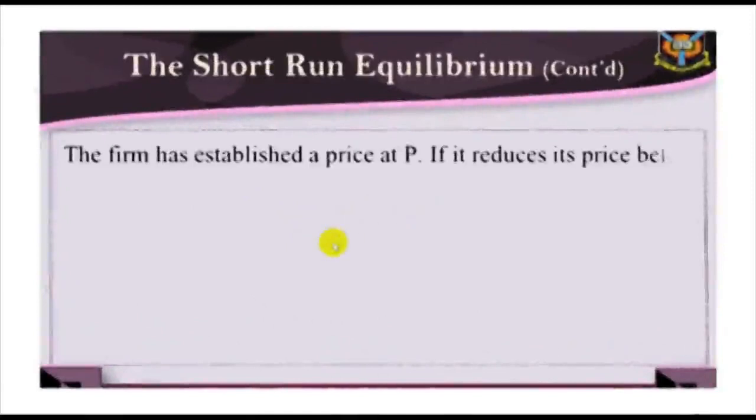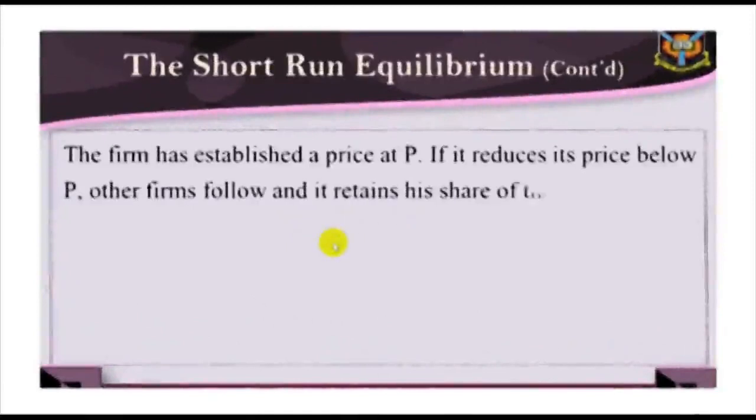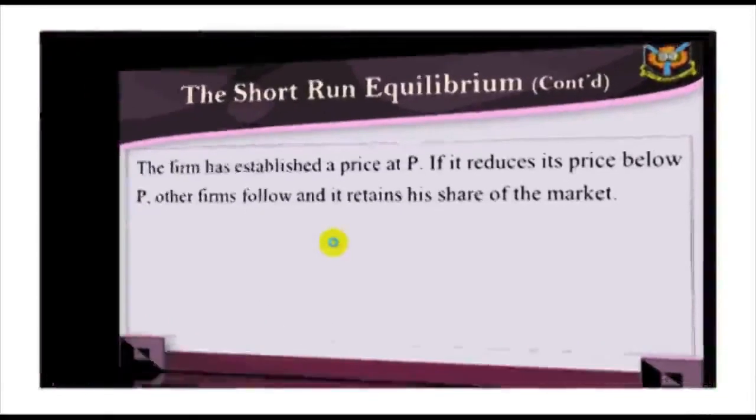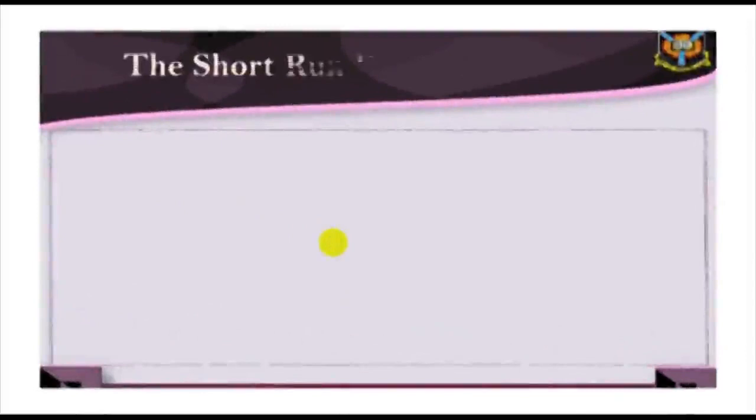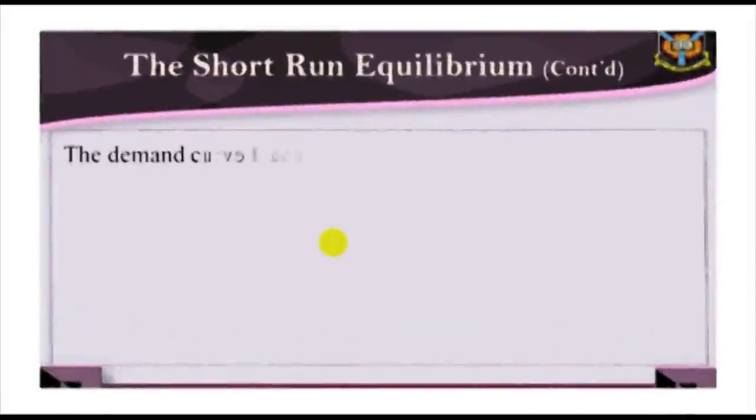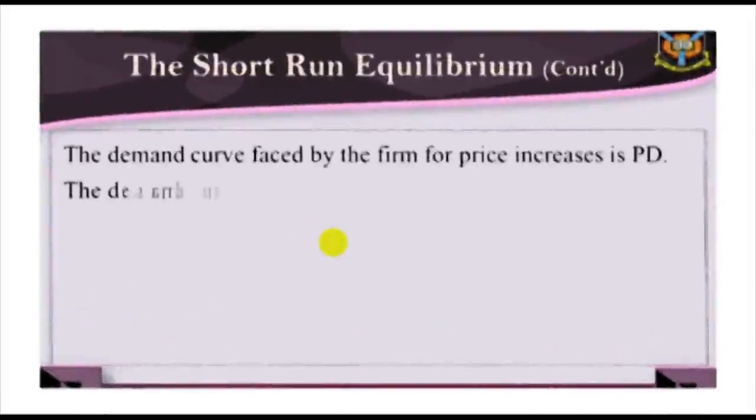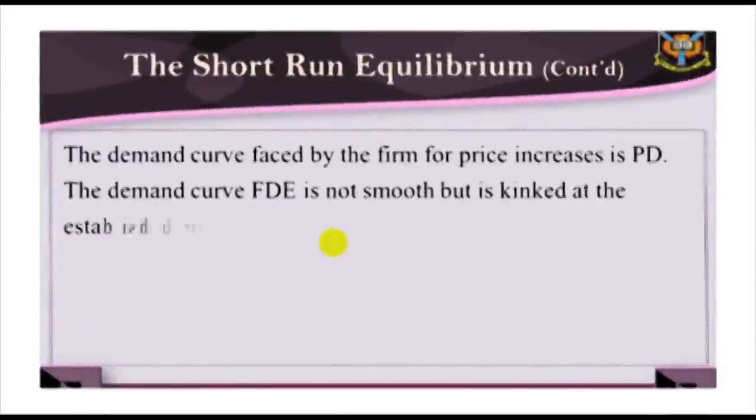The firm has established a price at P. If it reduces its price below P, other firms follow and it retains its share of the market. The demand curve faced by the firm for price increases is PD.